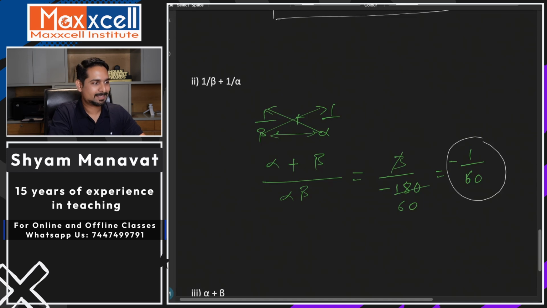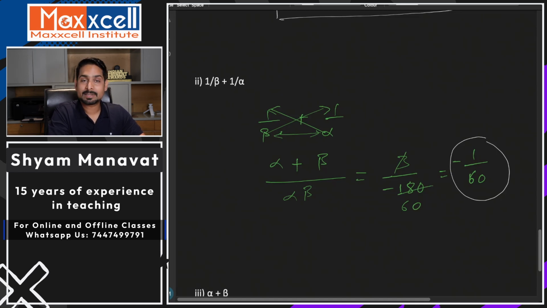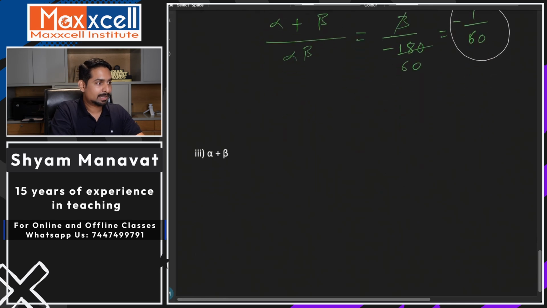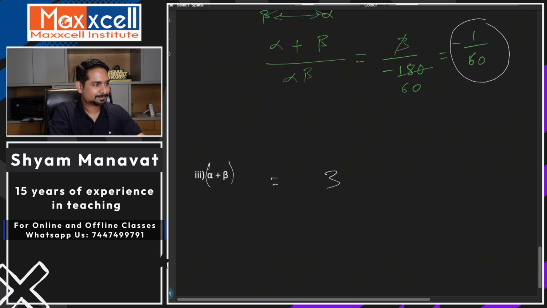Yes, it's only the simplification. So when you get such a question, try to convert that in form of alpha plus beta and alpha into beta. See one more question. See this. Oh well, I got only alpha plus beta here. This is straightforward. That sum of roots, that's anyway 3. Fine, great.